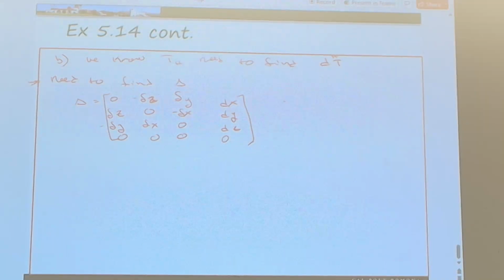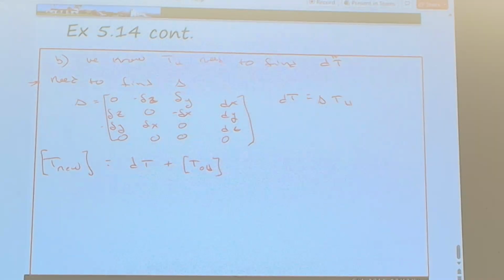So we know that dt is equal to our delta times TH. So the new location from the small differential, T new, is nothing more than dt plus our T old, which is TH.